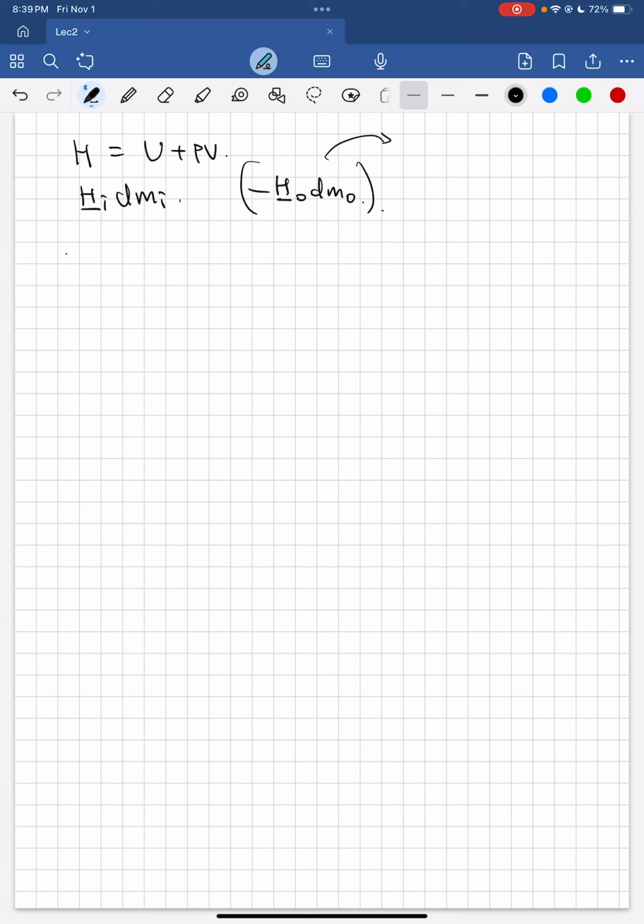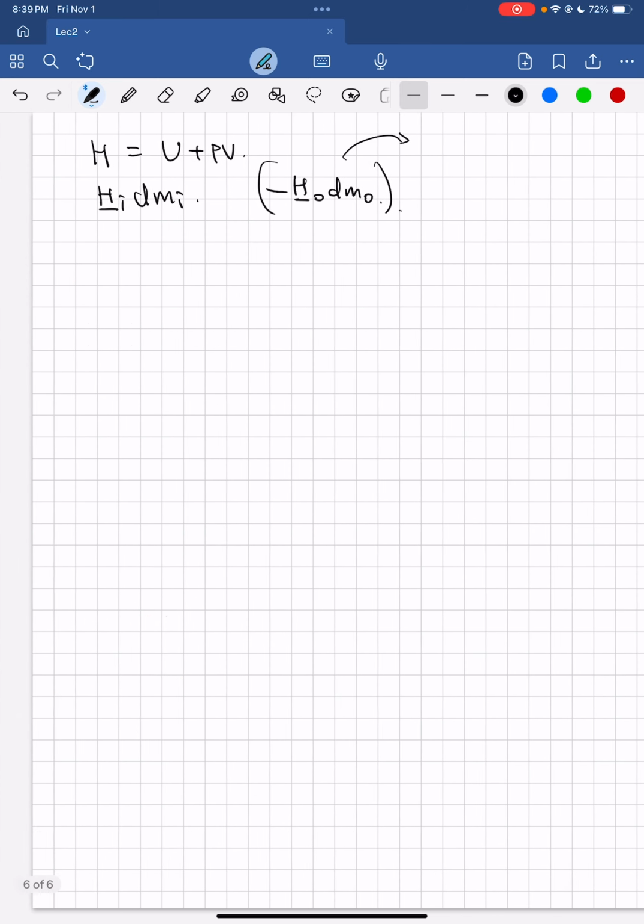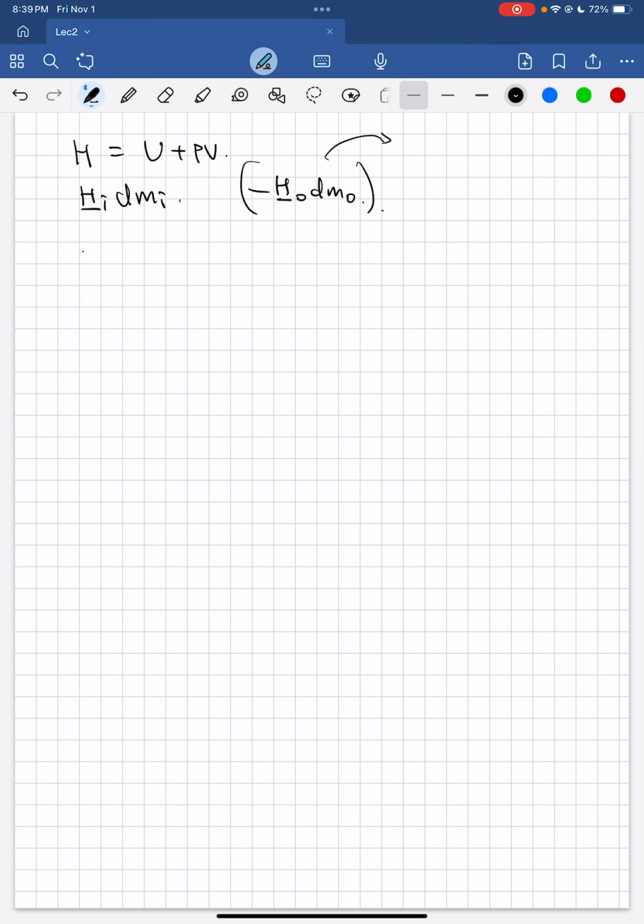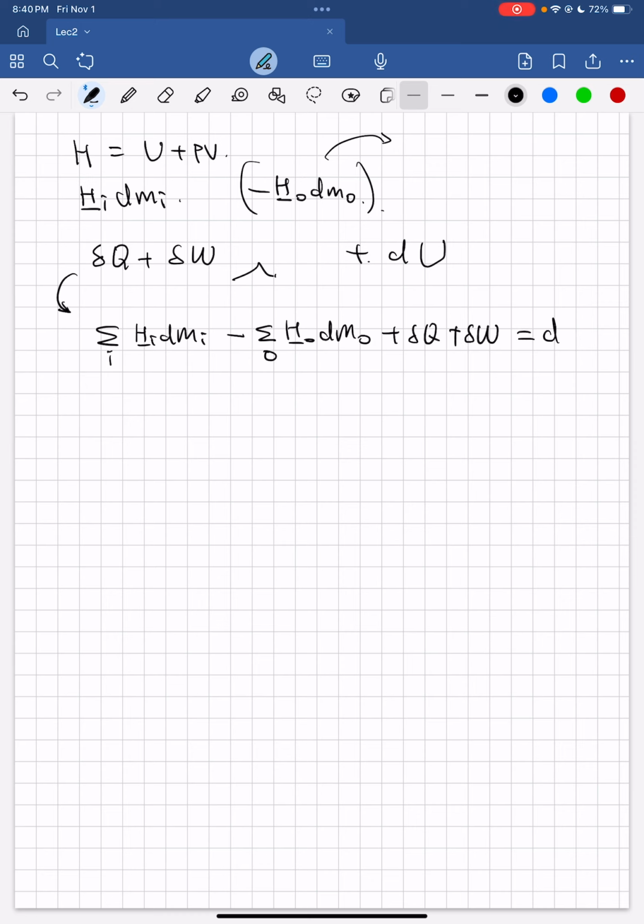So we can rewrite the first law. The bone structure doesn't really change. Should be del Q plus del W equals dU. Let me write it like this. But here we're gonna have to add the material coming in and out part. So it is modified this way: Hi dmi minus H out dm out plus del Q plus del W equals dU.